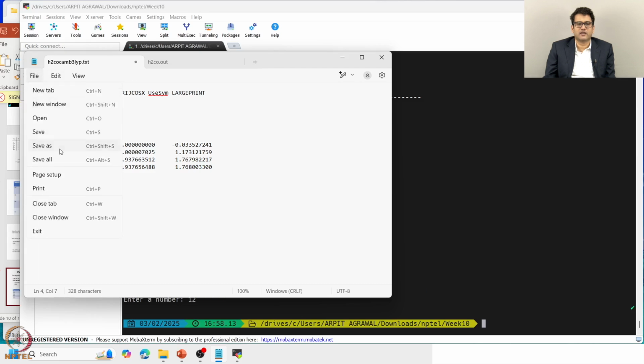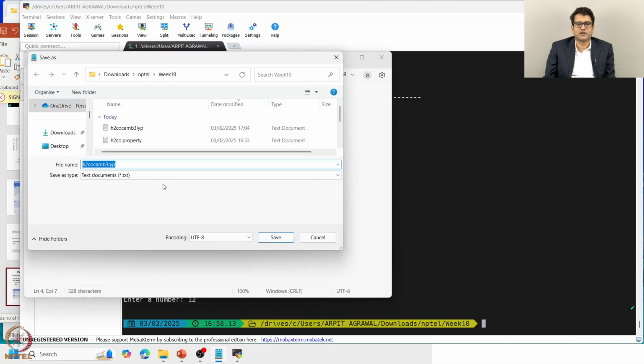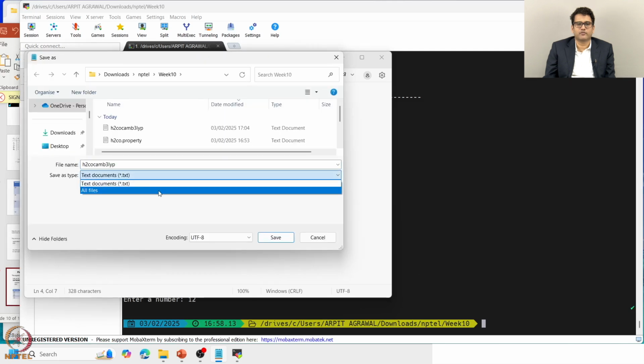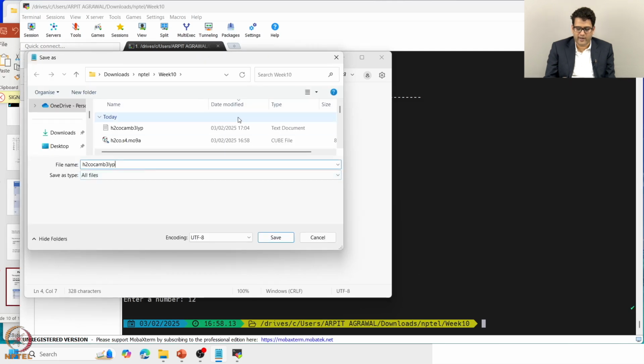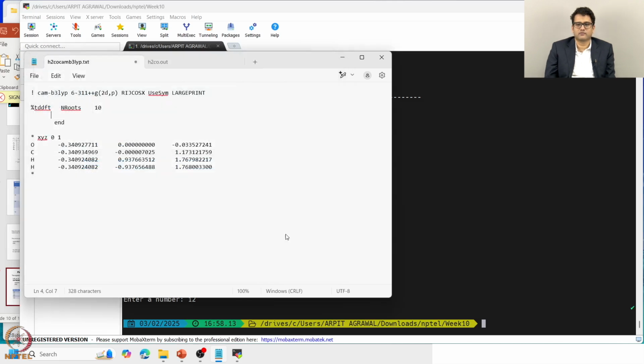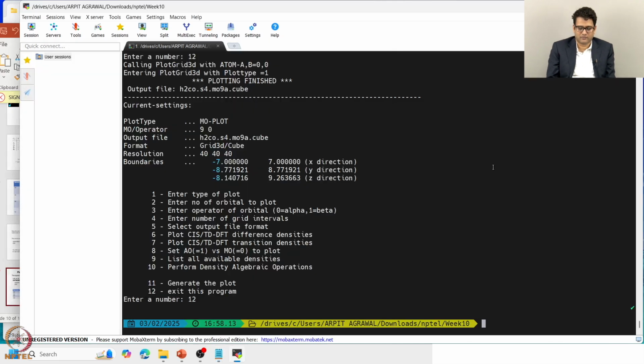I need to save as H2CO CAM-B3LYP, Orca, H2CO. I should increase the zoom.